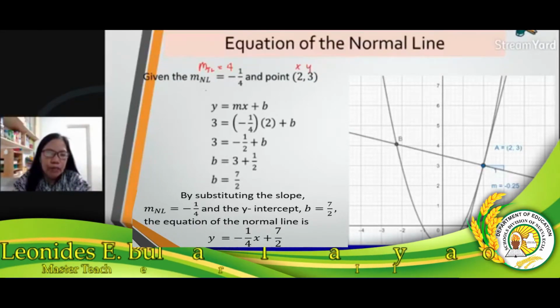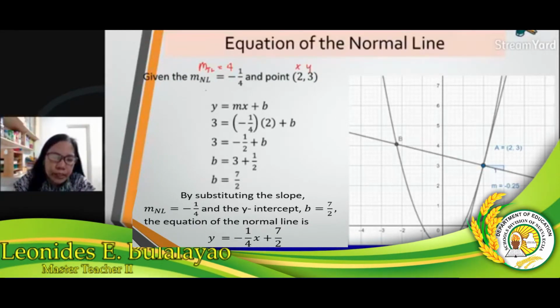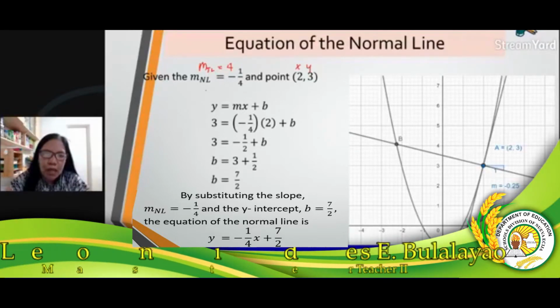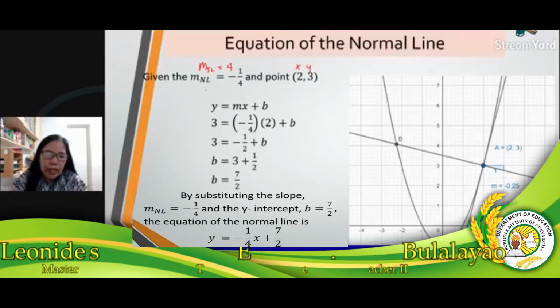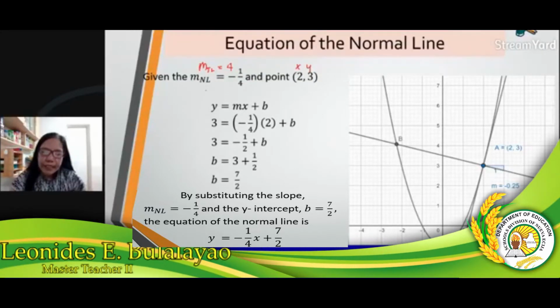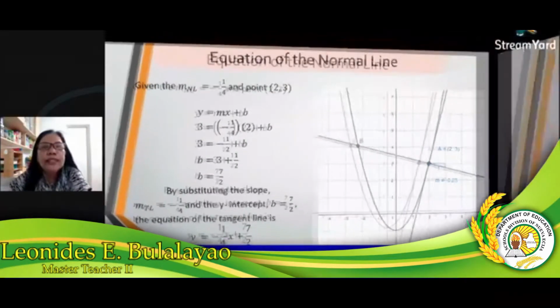So the equation, by substituting the slope of the tangent line, negative 1/4, and our y-intercept into the slope-intercept form, is y equals negative 1/4 x plus 7/2.